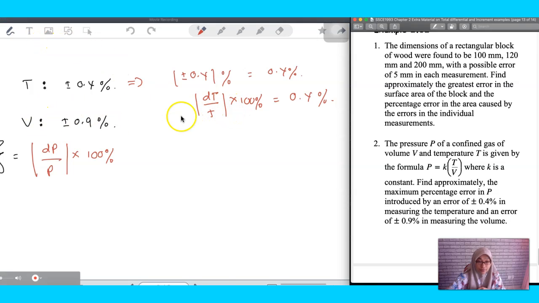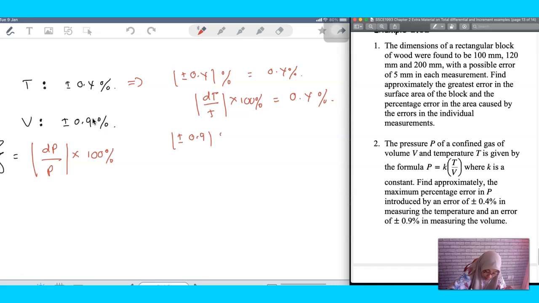Similarly for the volume, that is for temperature. Also for the volume, you cannot put V equal to plus minus 0.9. So you have to put the absolute sign for plus minus 0.9%. So this one becomes 0.9%.